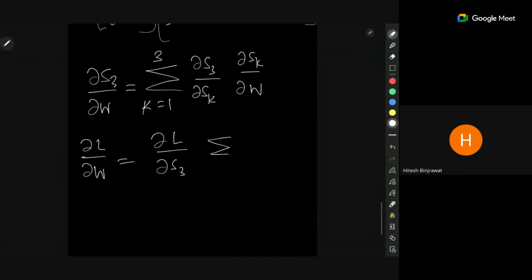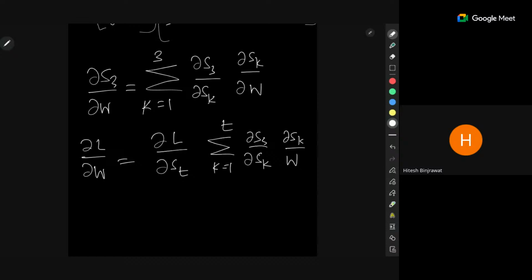So this summation from k equal to 1 to 3, S3 by Sk, and from Sk to W, right? So this is how the back propagation works. And generalize it to, you can write T and T here, and that's all.